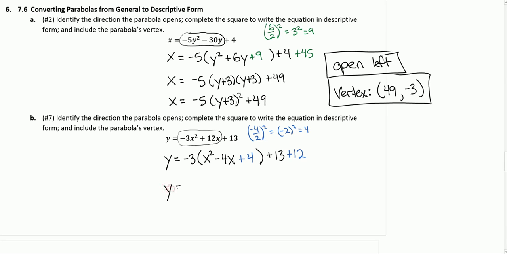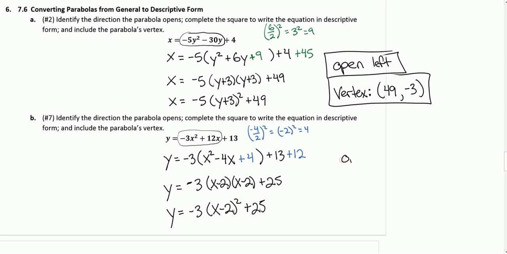So we go ahead and factor from there. We get negative 3. We factor this to x minus 2 times x minus 2. And add the 13 and 12 and get plus 25. Because we have two of the same factors, we can write that as x minus 2 squared plus 25.